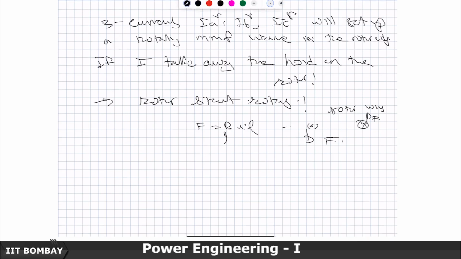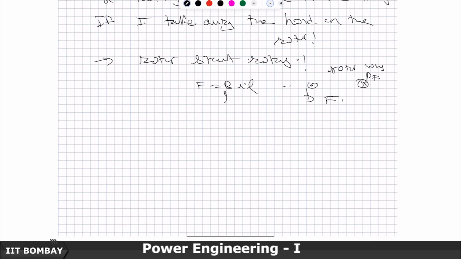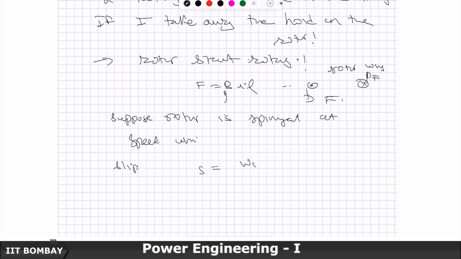Now, suppose the rotor is spinning at speed omega m. Okay. So, let me first define one quantity called slip, which is defined as omega s, the synchronous speed, minus omega m, the rotational speed, divided by the synchronous speed.